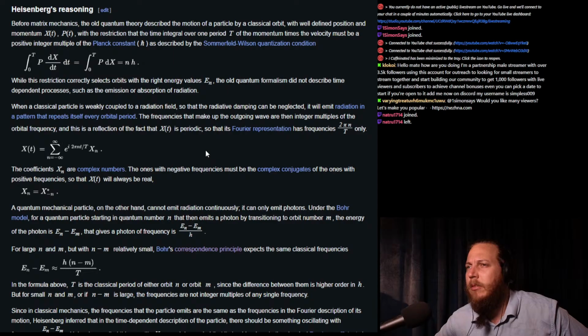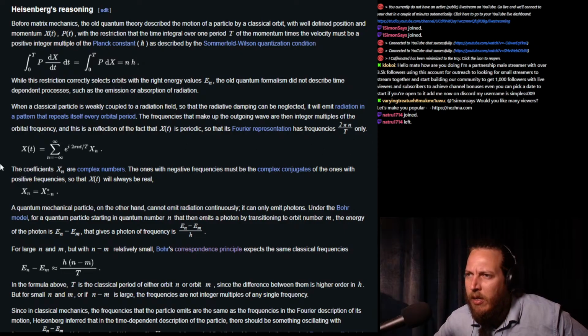The frequencies that make up the outgoing wave are then integer multiples of the orbital frequency, and this is a reflection of the fact that x(t) is periodic, so that its Fourier representation has frequencies 2πn/T only. The coefficients x_n are complex numbers. The ones with negative frequencies must be the complex conjugates of the ones with positive frequencies, so that x(t) will always be real.